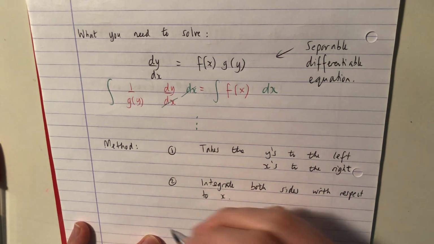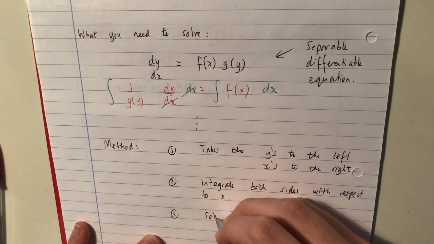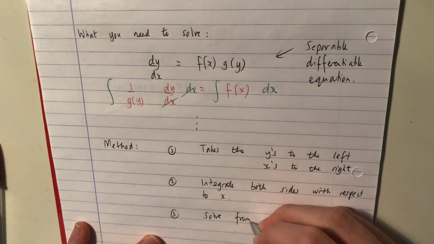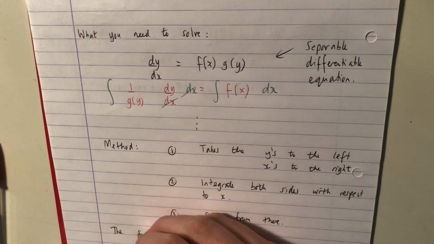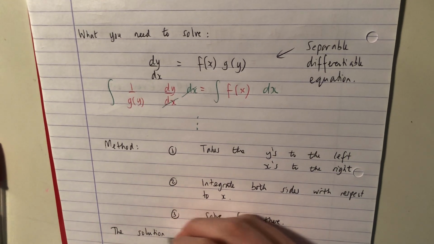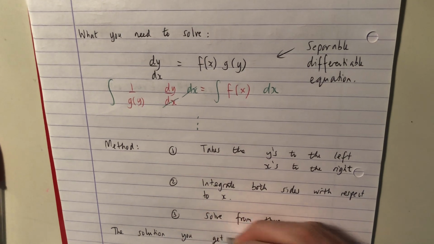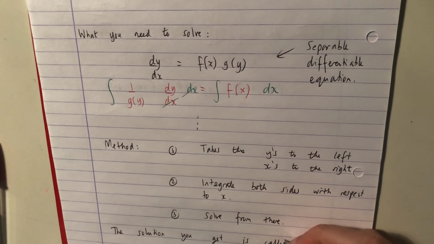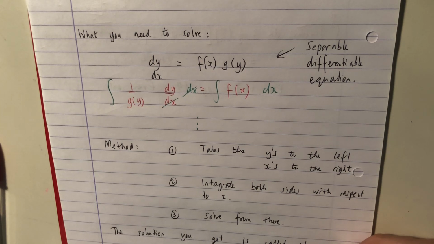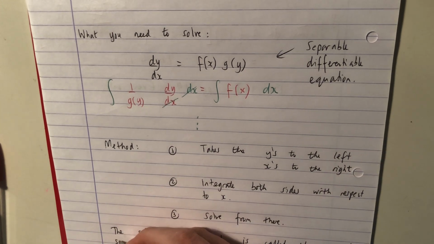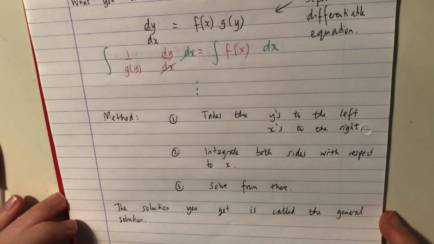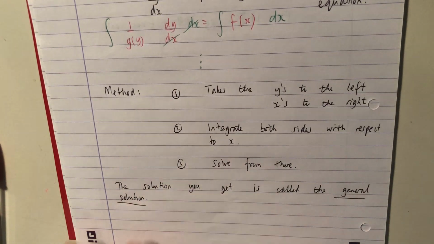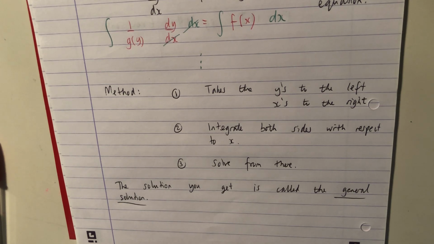And then step 3, solve from there. The solution you get when you do step 3 is called the general solution. And today we'll be finding these general solutions.